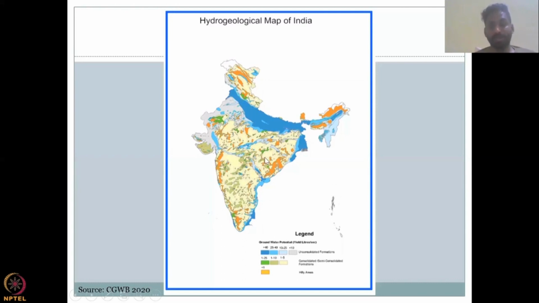And then you have the other regions in yellow, mostly in the central parts of India. The underlying fact here is we need to understand where the formations are and how much water yield can be taken, so that you don't overstress the aquifer system.